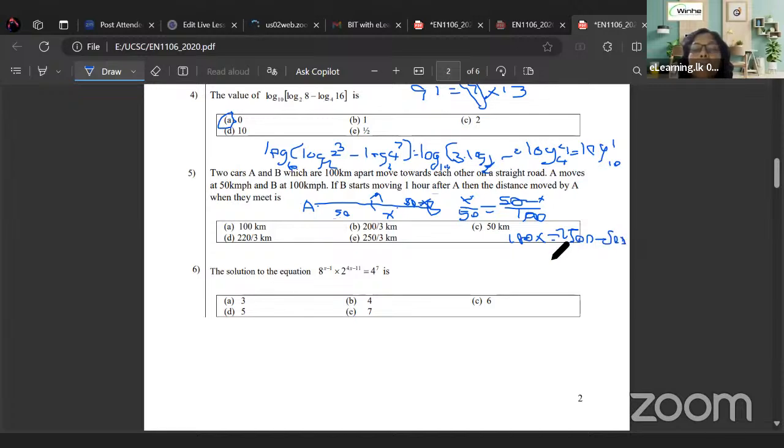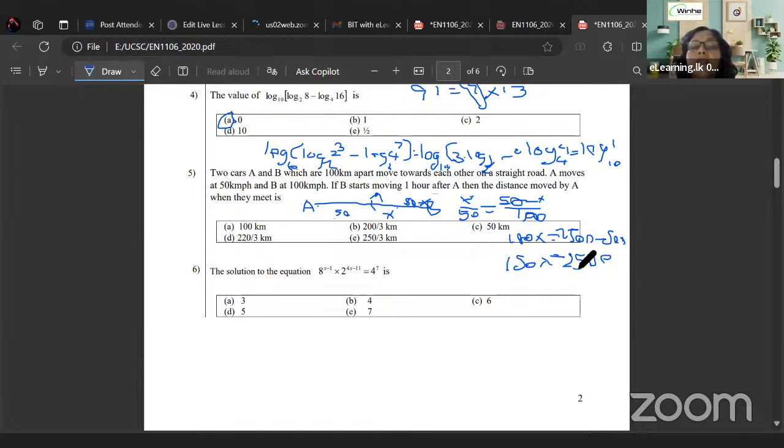Right? You can write this as 50x, sorry, 150x equivalent to 2500. Sorry, here should be 150.